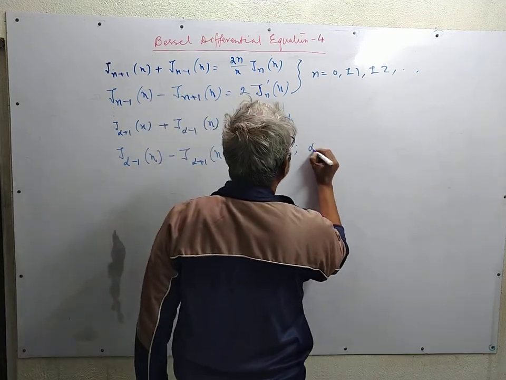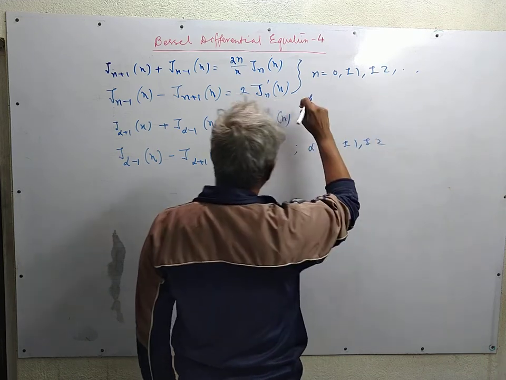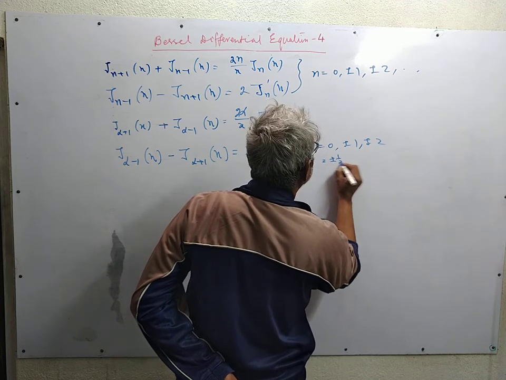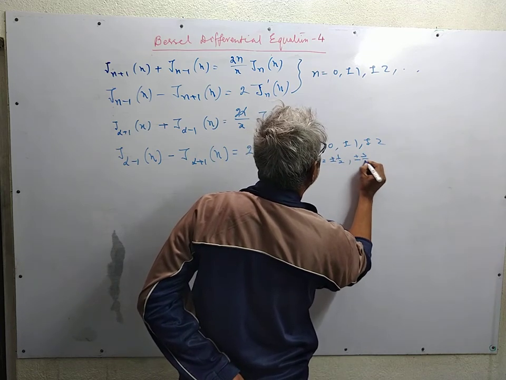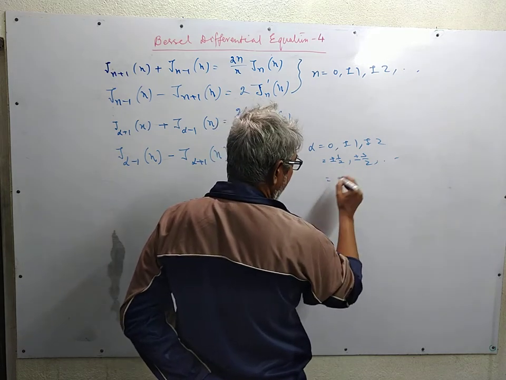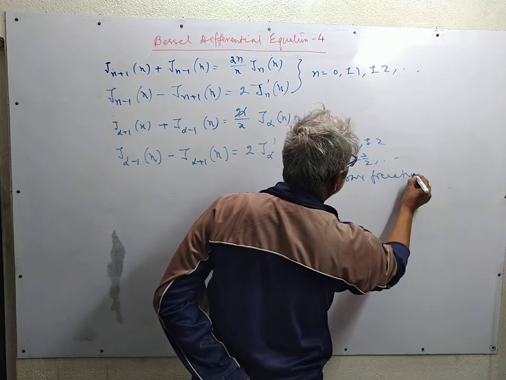Alpha may be 0, plus minus 1, plus minus 2, as in the case of this it could be plus minus half, plus minus 3 by 2, etc. Or even maybe other fractions too.